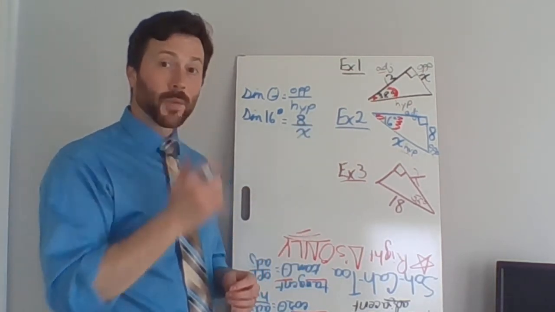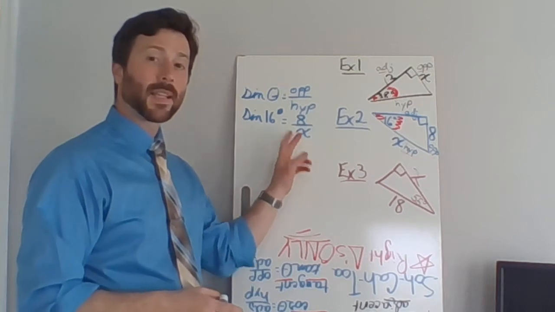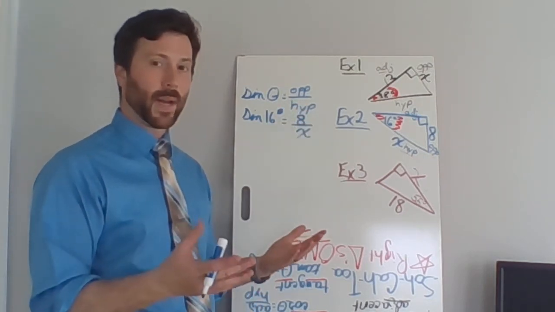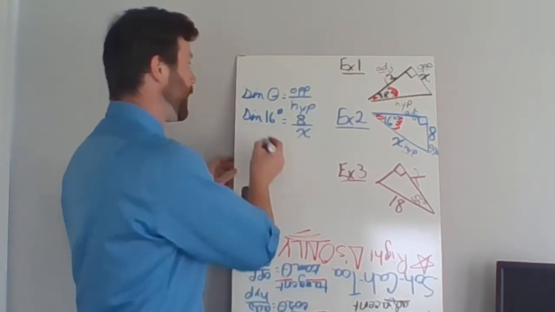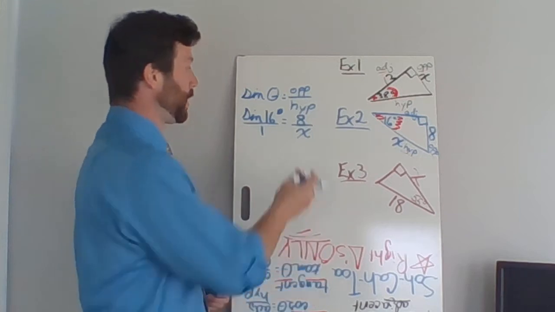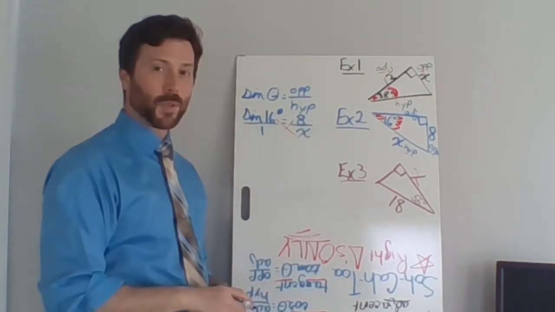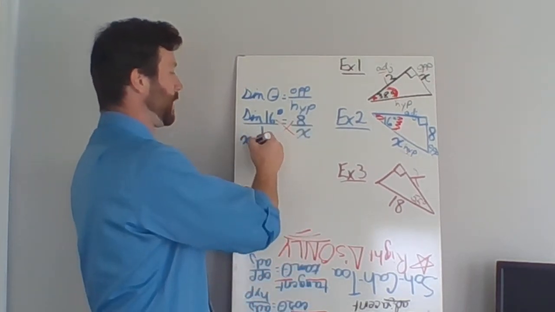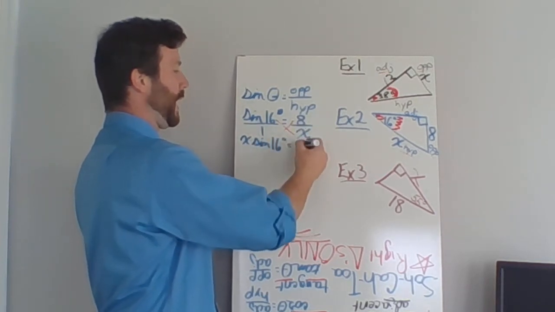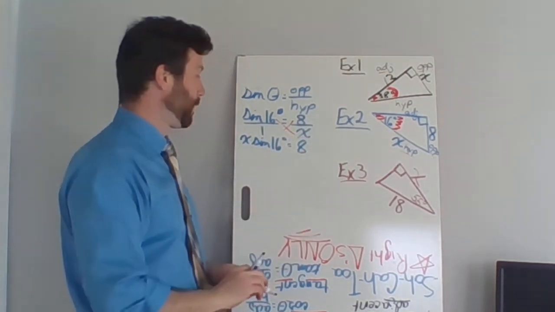Now, this time's a little bit trickier than last time. We're trying to find x and it's in the denominator, so I can't just multiply both sides by 8. That won't isolate x. But what I can do is turn this into a proportion. And once it's a proportion, we can cross multiply. Okay, and I'll have x times the sine of 16 degrees is equal to 8 times 1, which is 8.